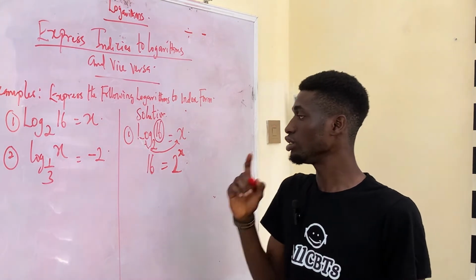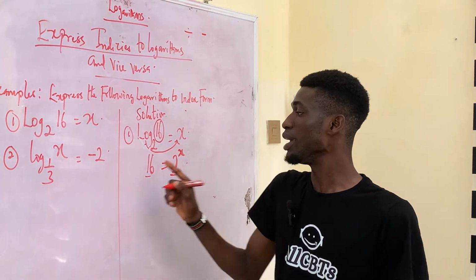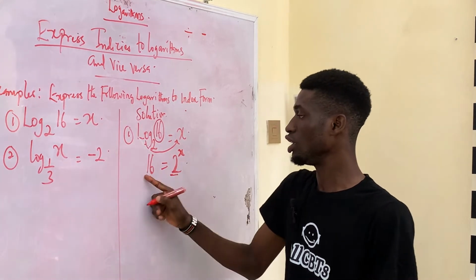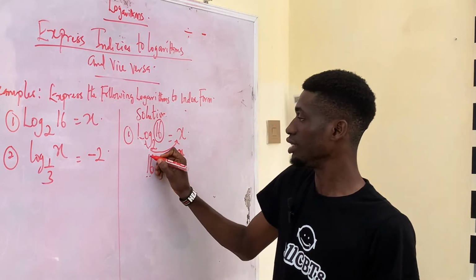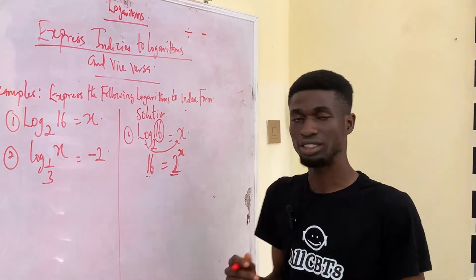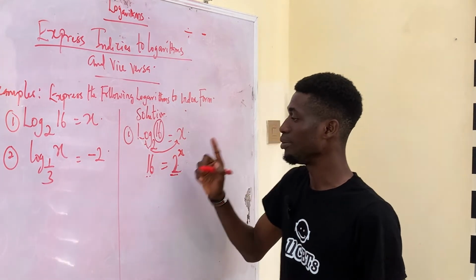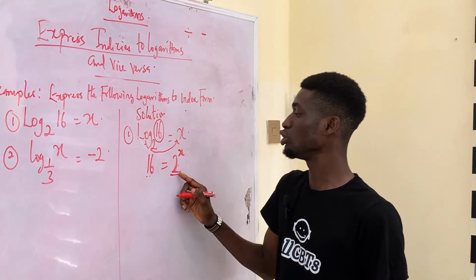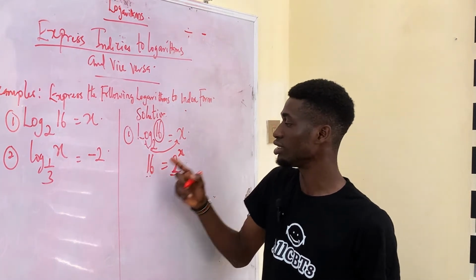Now, I told you in the previous class that if you are solving indices questions, the base will be similar. There will be similarities between the bases given to you. Now, 16 and 2, there are similarities between them. This indicates that 16 can be changed to base of 2 and is going to have a power. Meaning that you can convert 16 to base of 2.